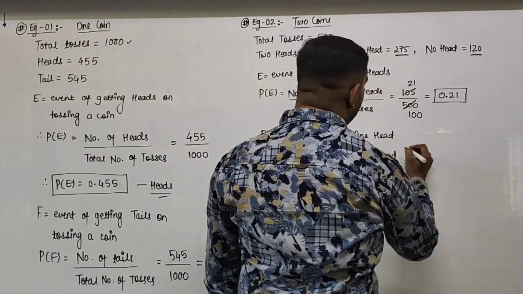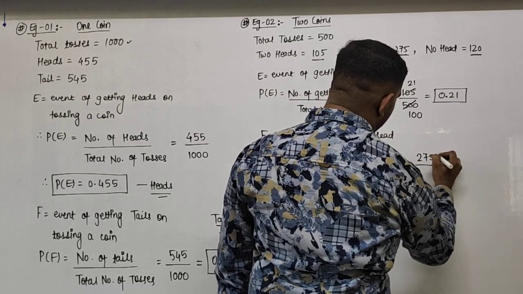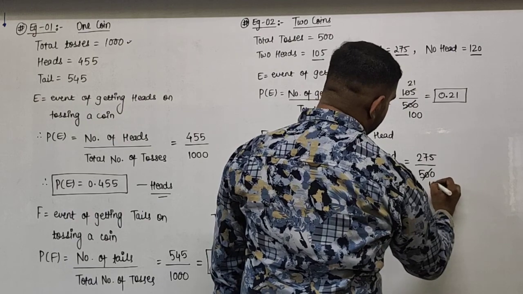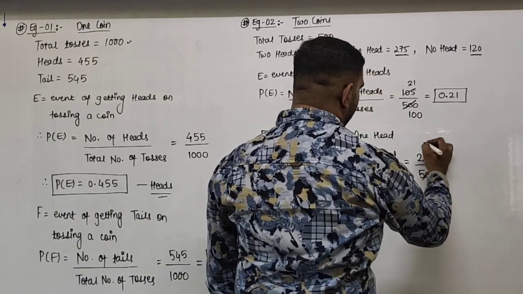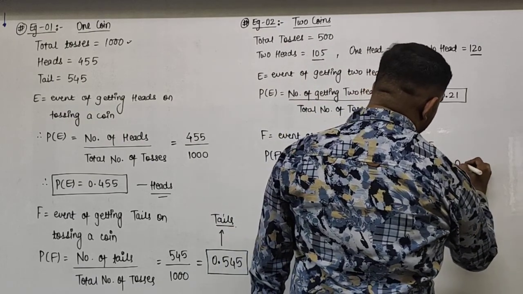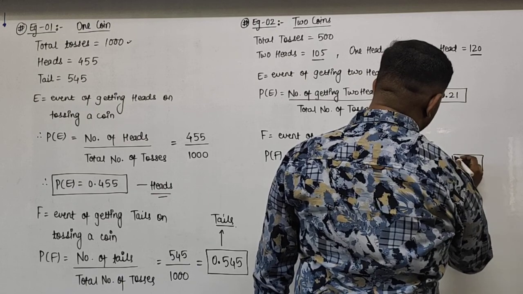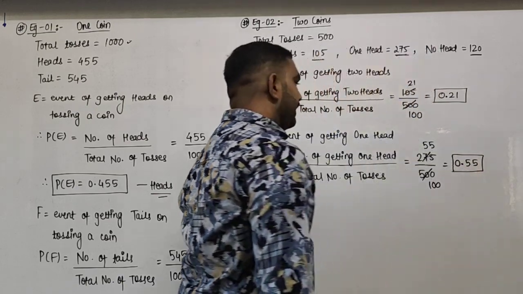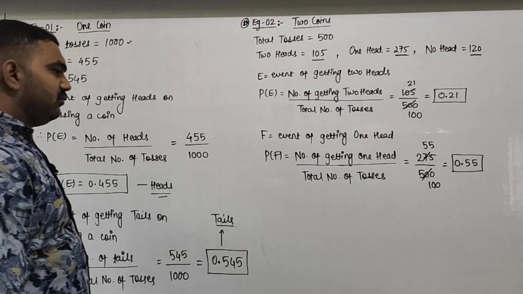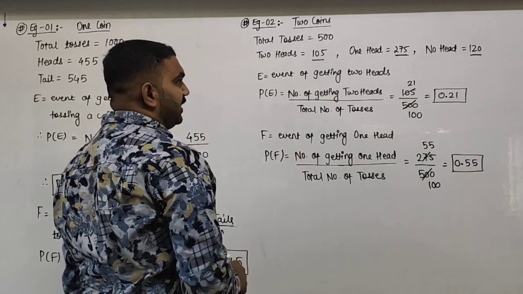So what is the number of getting 1 head? 275. That is 275 divided by 500. Again you can cancel out: 5 into 100 and 5 into 55. That will give me the answer 0.55. That is 55 upon 100, that is 0.55, and that is the probability of getting only 1 head.